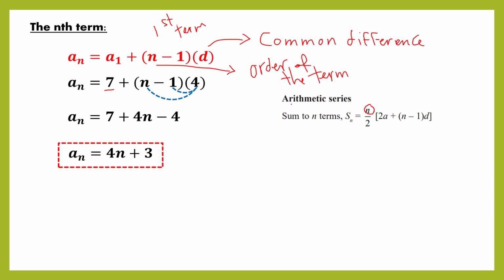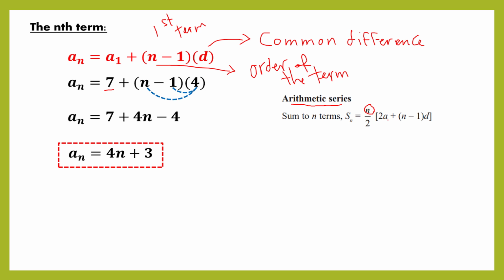So if you are working on an arithmetic series, to get the summation or the total of the terms, you're going to use this formula, n over 2 multiplied by 2a plus n minus 1 d. A is the first term, n is the number of terms, and d is the common difference.